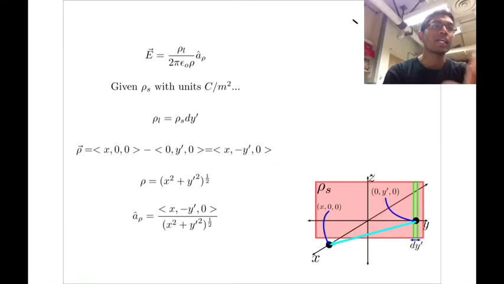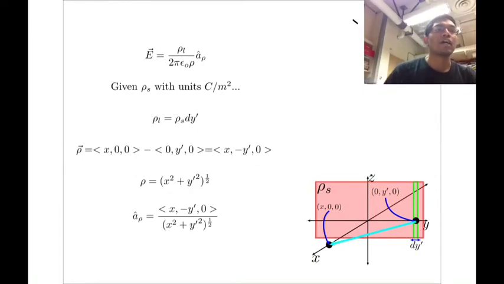But remember that we can't directly use this equation because that's just for one line. And what we have is many lines, infinite lines across these bounds, going from negative infinity on the y-axis to positive infinity, and they're of infinitesimal width dy prime.